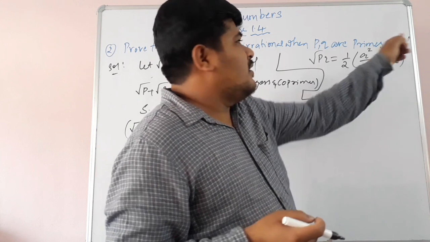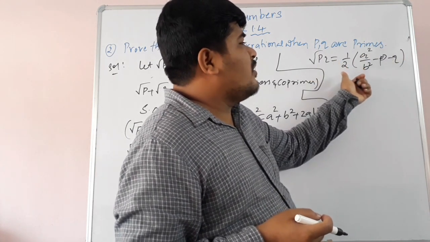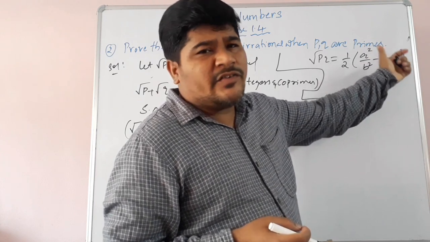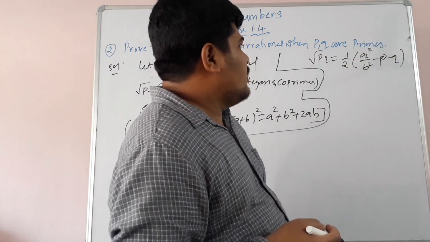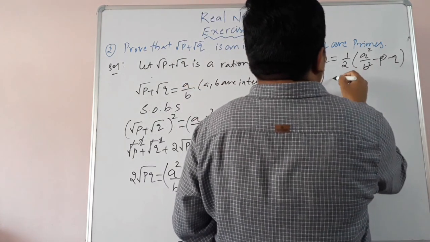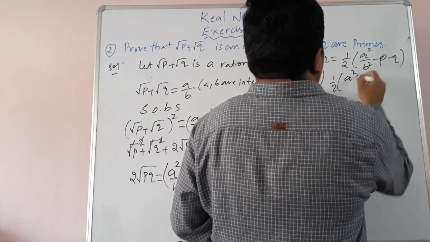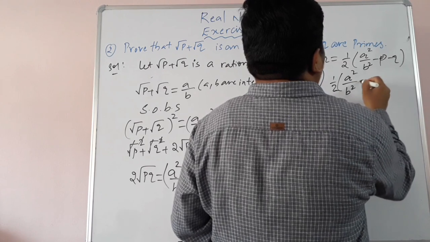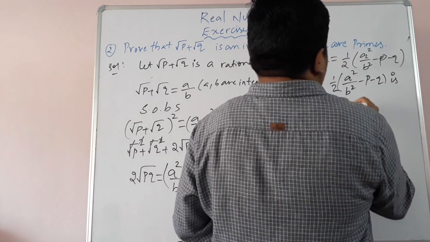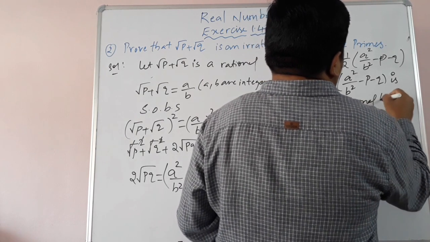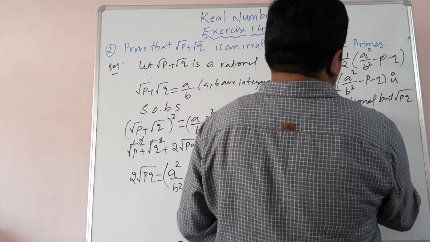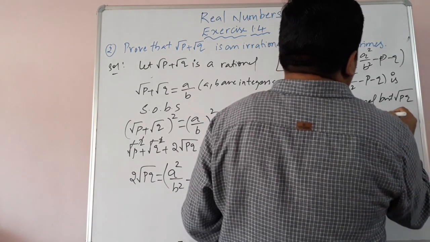So root of pq is equal to half of (a square by b square minus p minus q). Here half of (a square by b square minus p minus q) is rational, but root of pq is irrational.